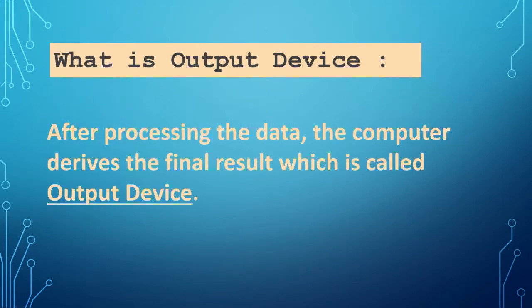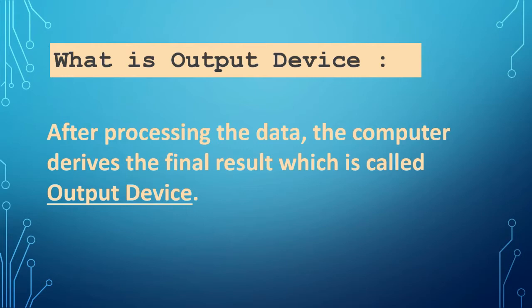Now students, let's learn what are output devices. After processing the data, the computer derives the final result, which is shown by the output device. Means output device shows us the final result which is obtained after processing the data.